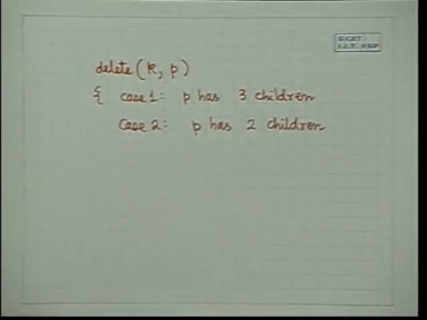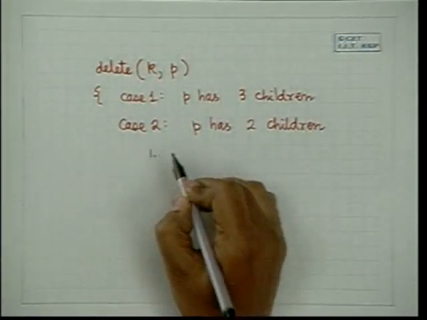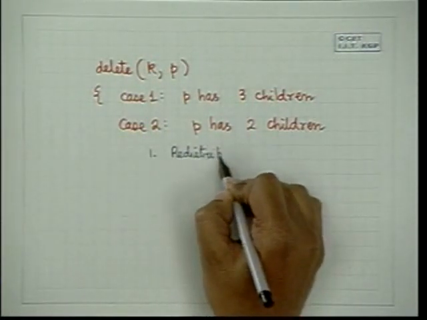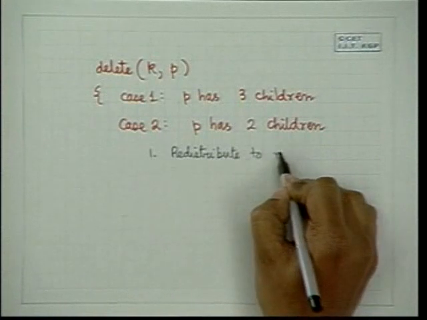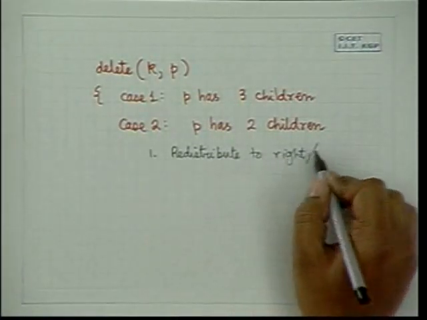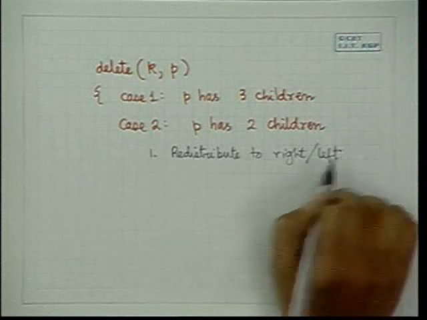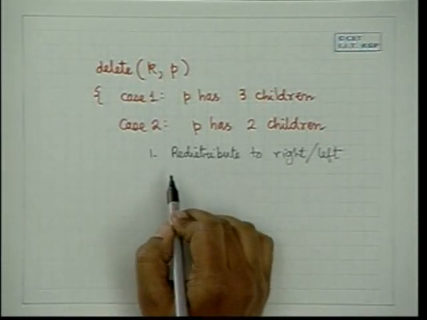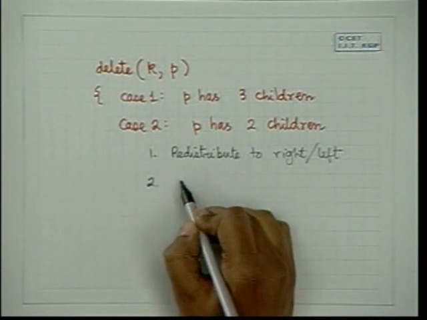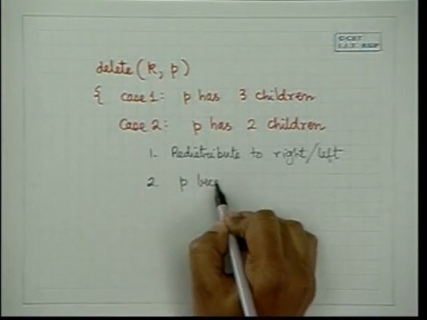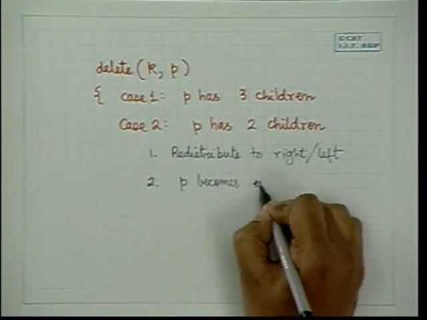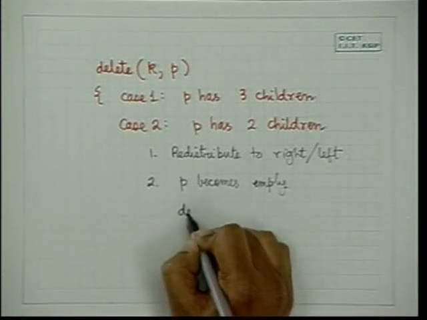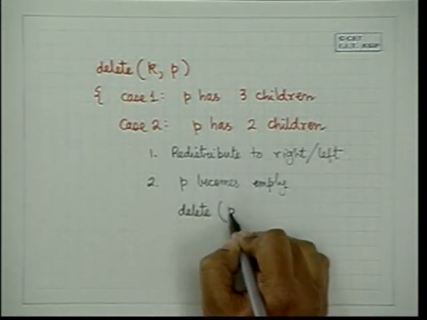And there, first point is redistribute to right or left according to your choice. And then once you redistribute, if you see P becomes empty, there is no children. If P has no children, then what do? Delete P in its parent.